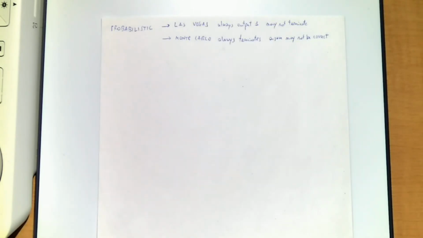So depending on what we're trying to accomplish, we use certain types of algorithms versus the other type. The good thing about Monte Carlo algorithms is that the running time is fixed and predictable, but the answer is not. So depending on what you want.